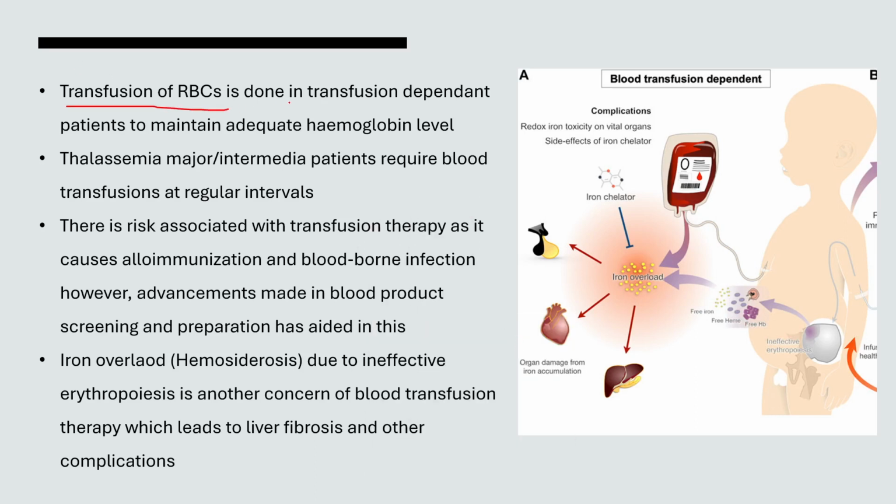Transfusion of RBC is done in transfusion dependent patients to maintain an adequate hemoglobin level. Thalassemia major or intermediate patients require blood transfusion at regular intervals. There is risk associated with transfusion therapy as it causes alloimmunization and blood-borne infection. If the person providing blood, or the packet of blood transferred to the thalassemia patient, has some kind of infection, then that can transfer to the patient also.